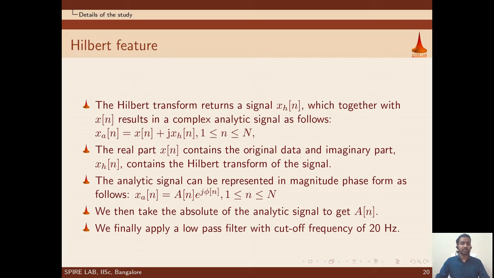Here the real part consists of the original data and the imaginary part consists of the Hilbert transform of the signal. This analytic signal can be represented in the magnitude-phase form as a of n e to the power j phi n. We then take the absolute of this analytic signal to get a of n, and we finally apply a low pass filter with a cutoff frequency of 20 Hz to get the Hilbert feature as we use in this work.